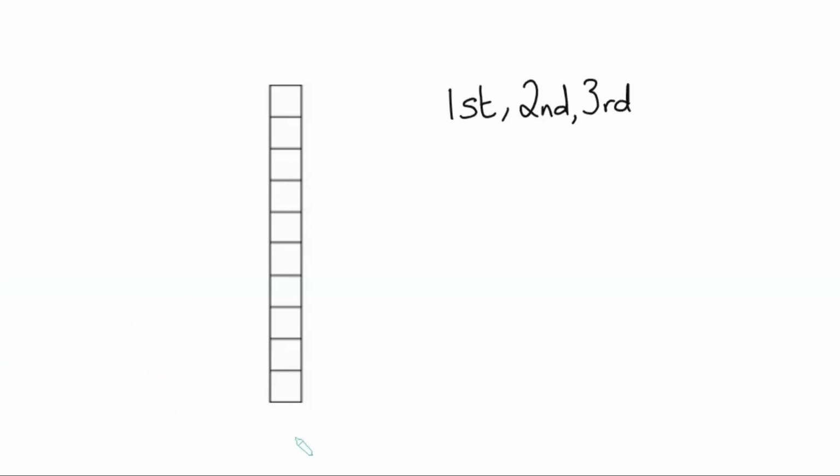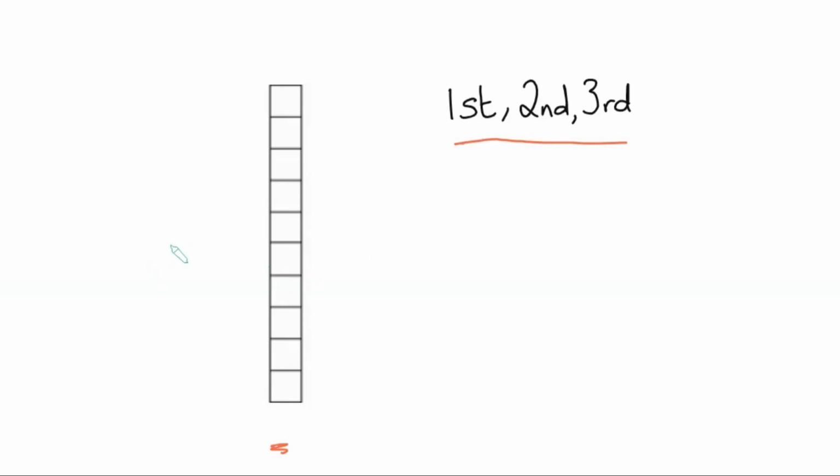So as you can see, we have a grid on the screen. Now, there are some blocks. There's a certain amount of blocks in this grid. So the first thing we're going to do is count how many squares we have on the screen. And then we're going to use our ordinal numbers to work out some questions.